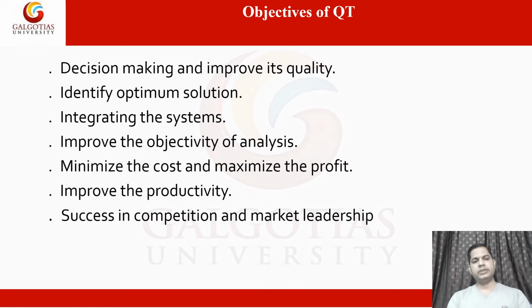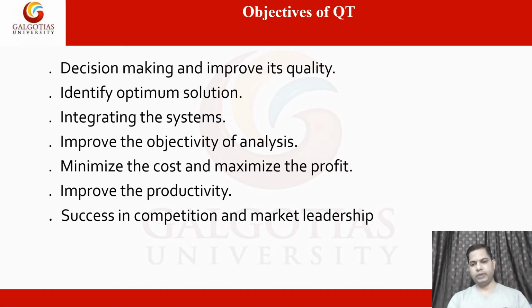The third point is integrating the system. There are different systems in the organization. In operations research, we have to integrate all the systems so that by combining them, the results or solutions can be optimum. We have to improve the objectivity of the analysis.